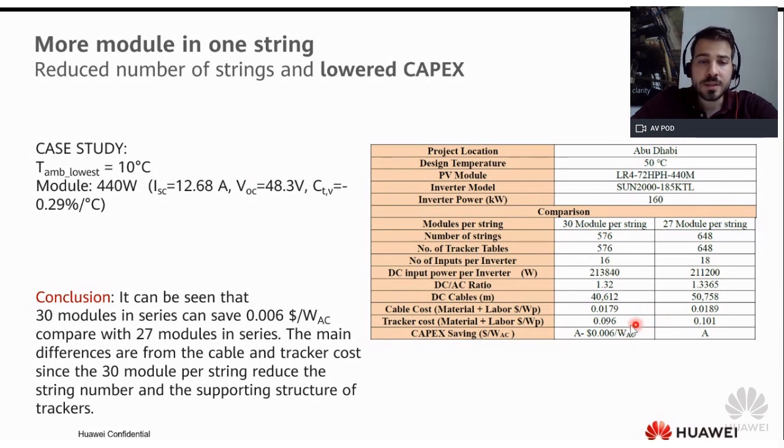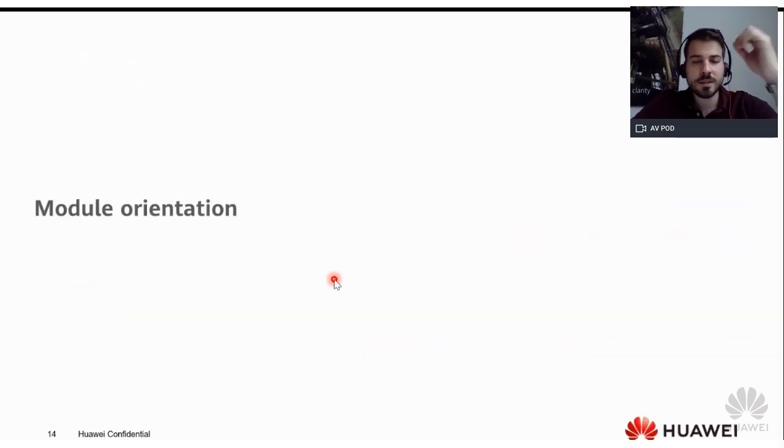And actually there is a reduced CAPEX of $0.006 per each watt AC. So if you are calculating in larger numbers, in a larger power plant, this is actually a significant number. Okay, so we are done with the theoretical part, at least.